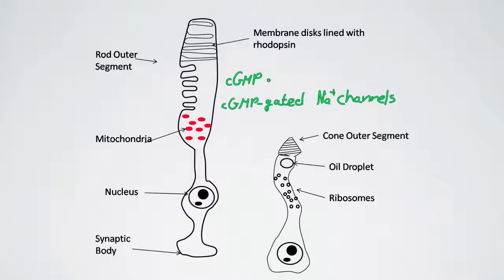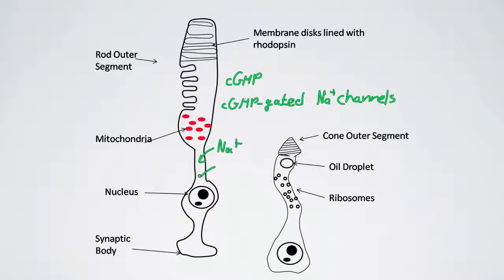This is a cyclic GMP gated sodium channel. So in the dark, we have cyclic GMP around. The cyclic GMP gated channels, of course, those are going to be open. And what's going to happen is sodium is going to rush in. So we have sodium coming into the cell.